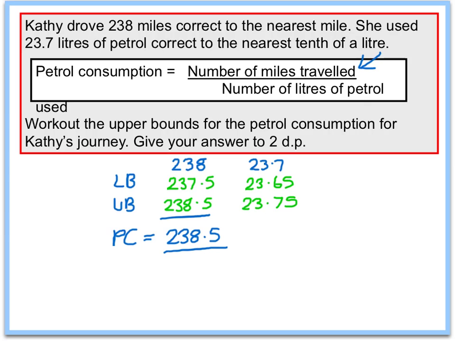But because I'm dividing, in order for petrol consumption to be as big as possible, I need the number on the bottom to be as small as I can possibly get it. So I'm going to use the lower bound on the bottom, this one here. And when I put that into my calculator, that will give me the upper bound for petrol consumption, which is 10.08 to 2 decimal places.